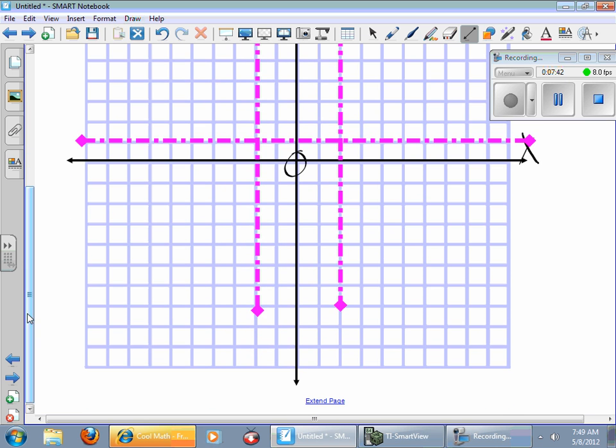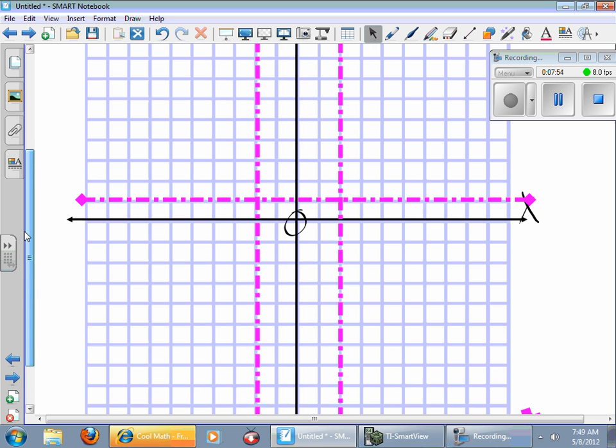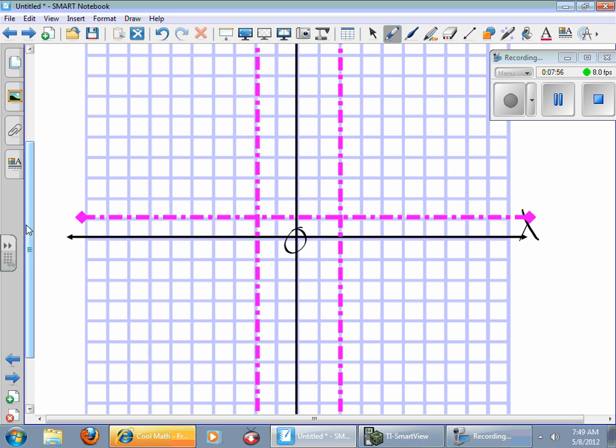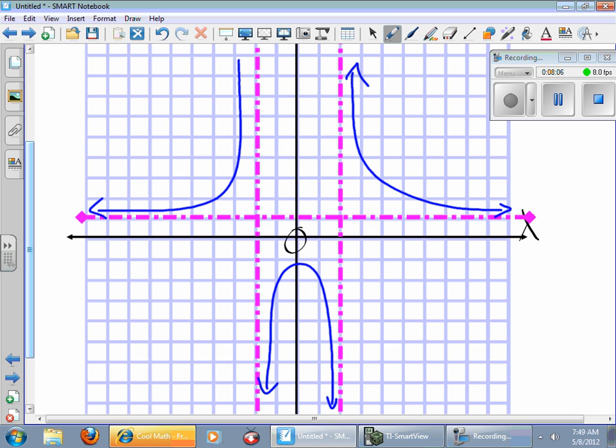Okay, so this graph is going to do some kind of cool stuff. What I suspect, and I won't know for sure until I start to use a t-table and such, is that it's going to do something possibly like this. In the middle, I'll get kind of a parabola thing going on, and then I'll get something like that. That's what I suspect.